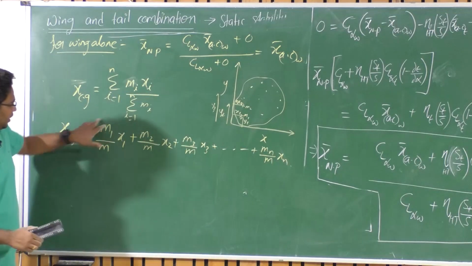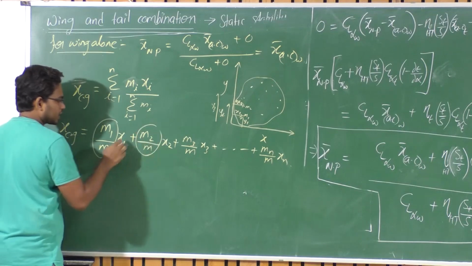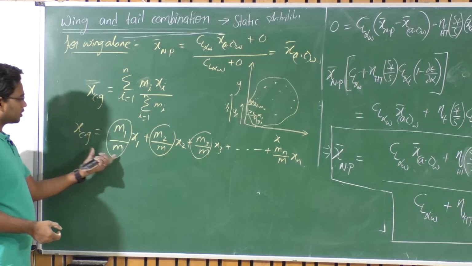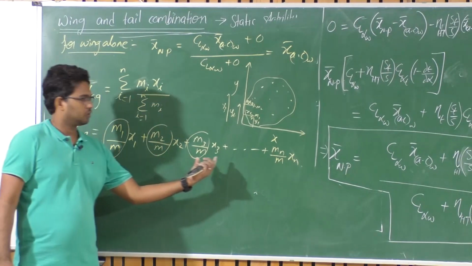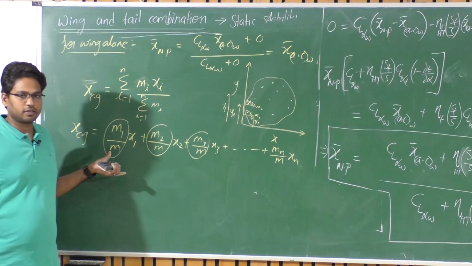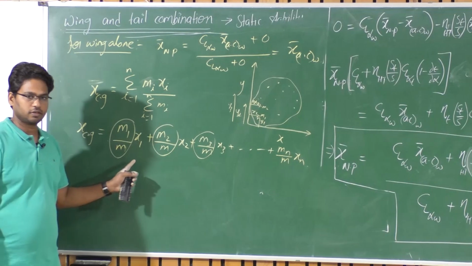So is it not a weighted average? You have weights here to each and every x1, x2. CG is nothing but the weighted average of their locations, weighted by their masses.